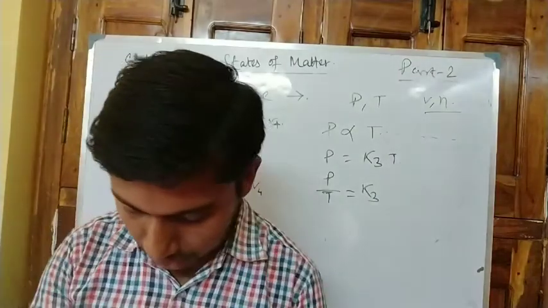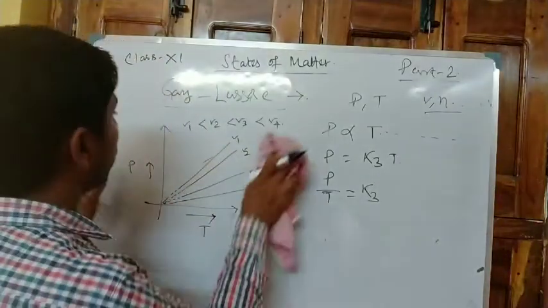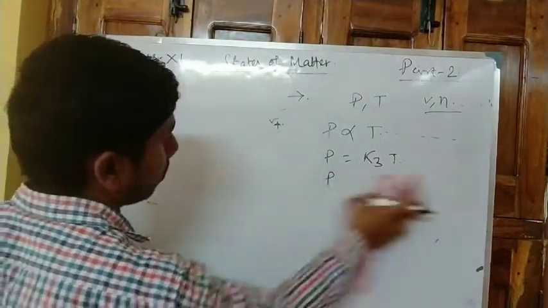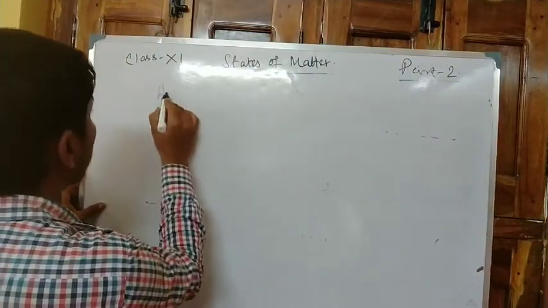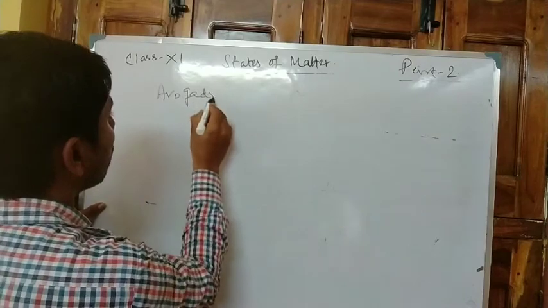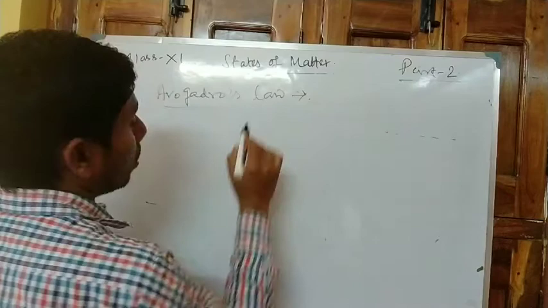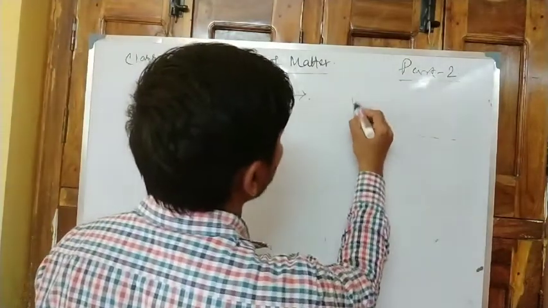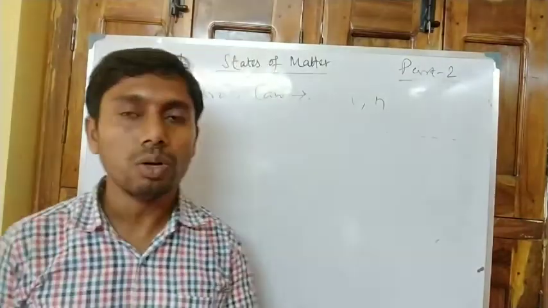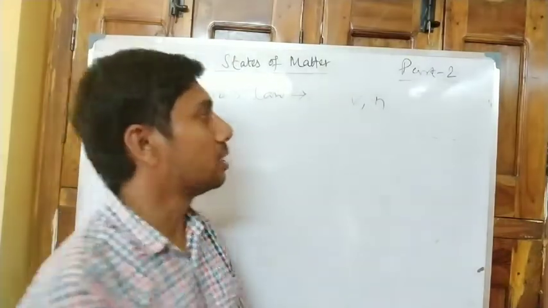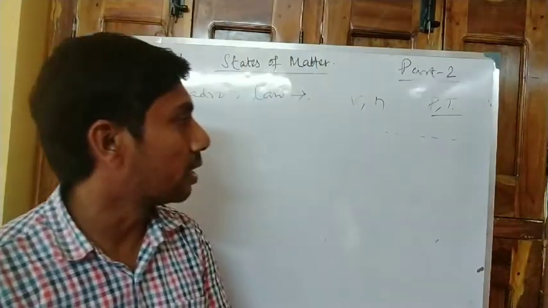Now next one, that is Avogadro's law. Here we have to relate V and N, keeping the other two parameters, pressure and temperature, constant.